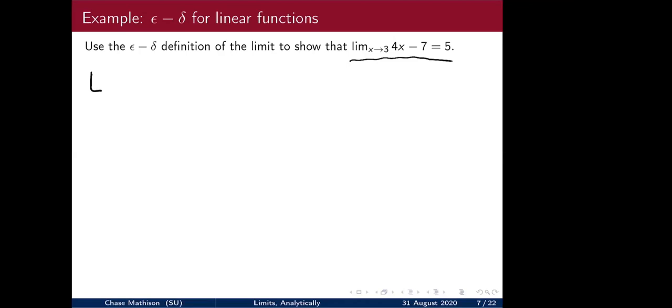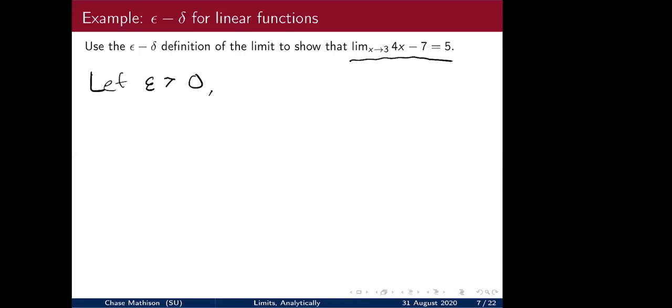Let epsilon, if you want to call it an E, that's fine. I don't care. Let epsilon be greater than 0. Okay. Again, this is math speak for Chase walks into the room and shouts, epsilon equals 0.001. Okay, it's your job now to find delta.